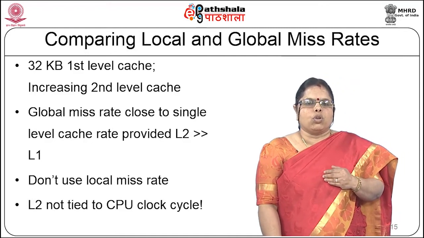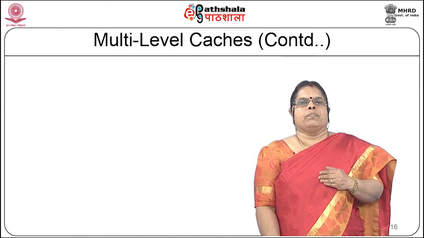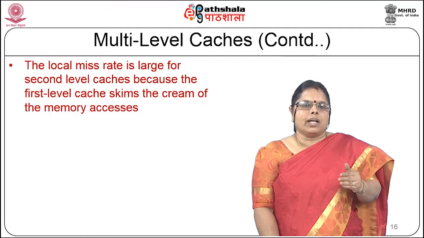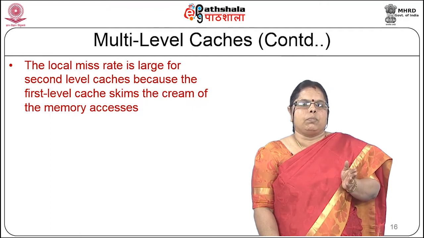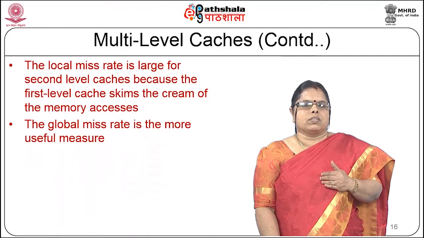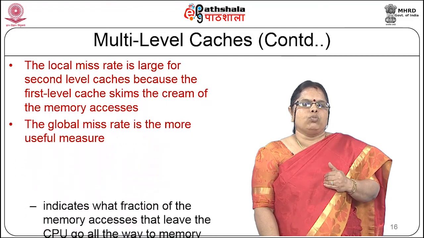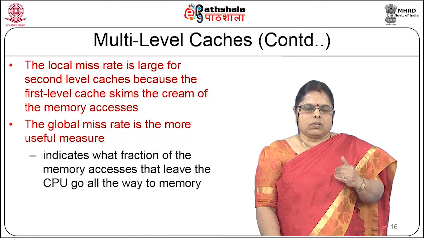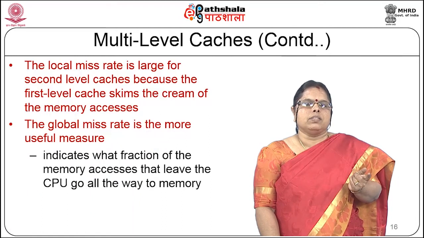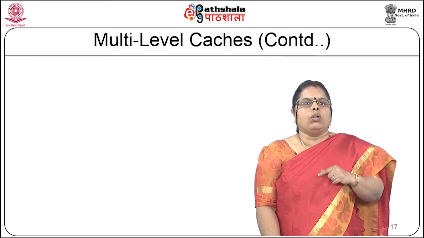You know that L2 is not tied to the CPU clock cycle. The local miss rate is large for second level caches, because the first level cache skims the cream of the memory accesses and only some of them go to the next level. So, the global miss rate is a more useful measure to consider, because it indicates what fraction of the memory accesses that leave the CPU go all the way to memory.